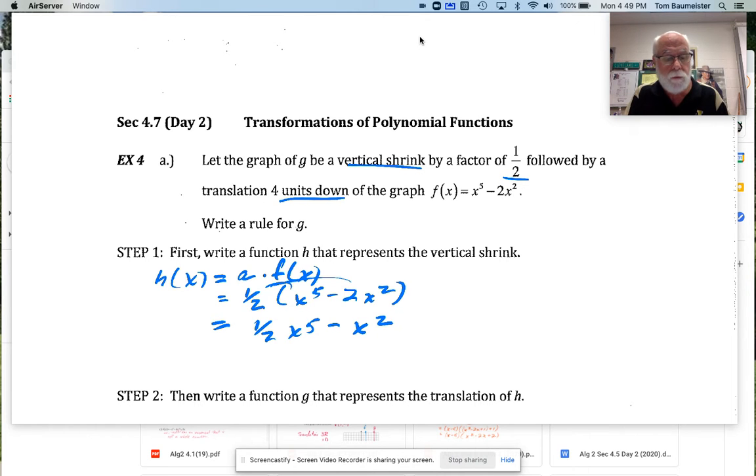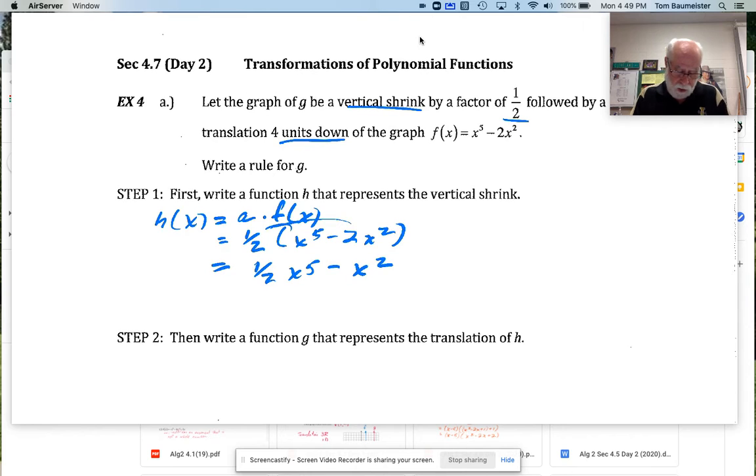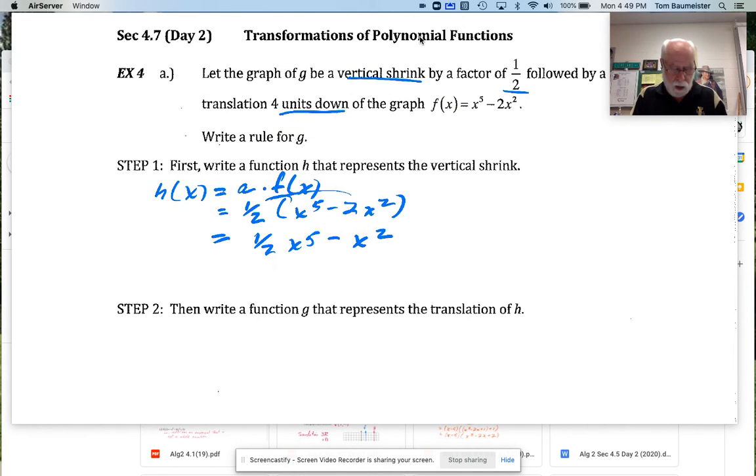So, step 2 then, write a function g that represents the translation of h. On this one, g of x is equal to, well, we're taking our last one, so we're going to take h of x.